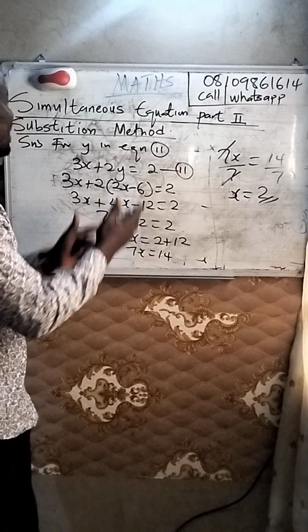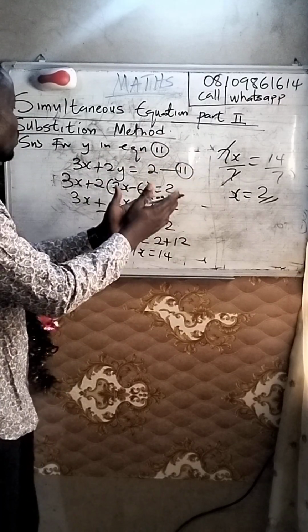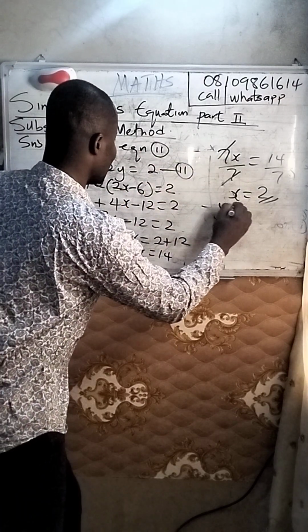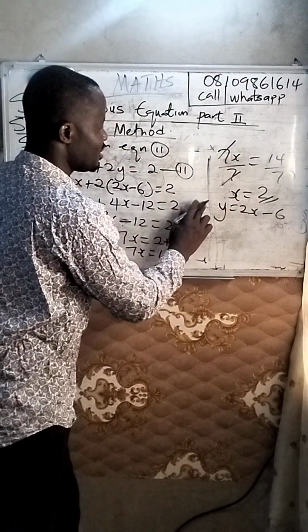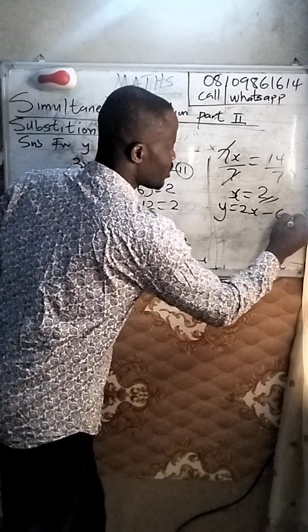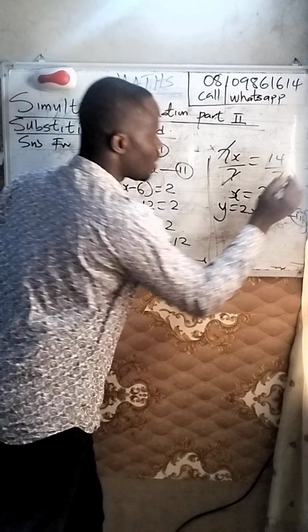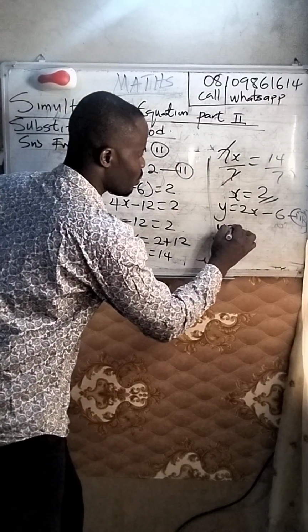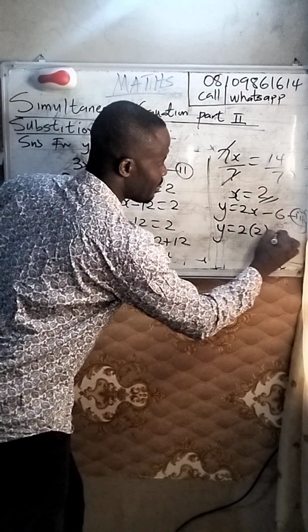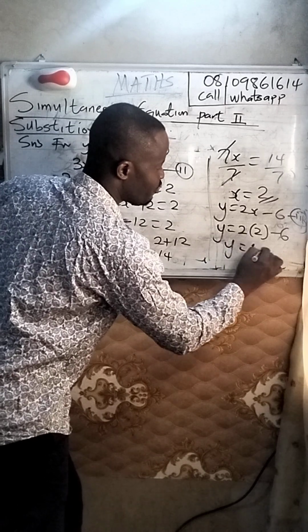But we remember that our equation 3 is y is equals to 2x minus 6. So I'm going to replace my x into this. That means y will be equals to 2 into 2 minus 6. So y is equals to 4 minus 6.